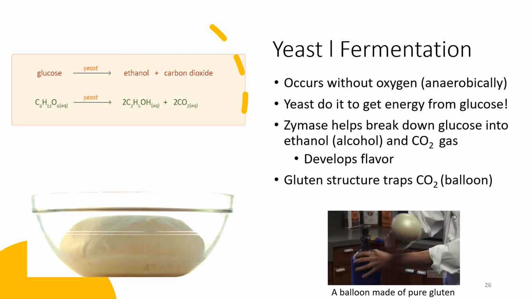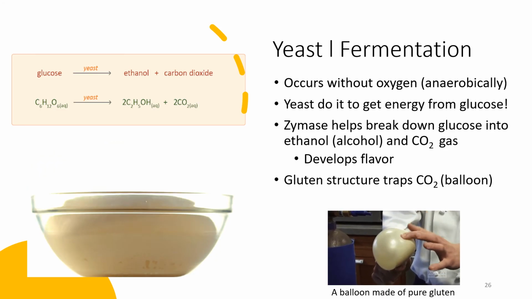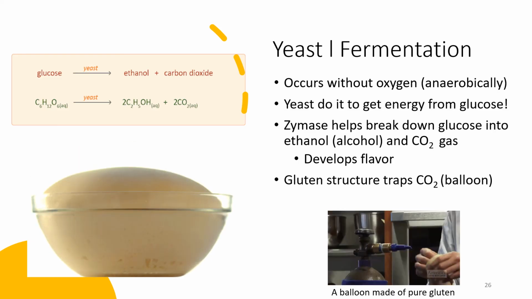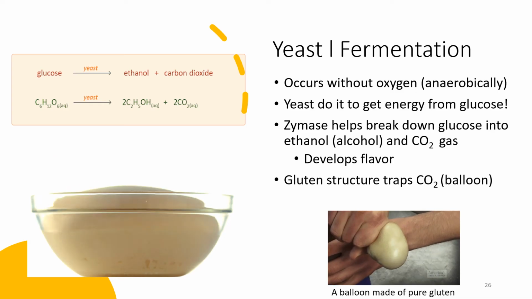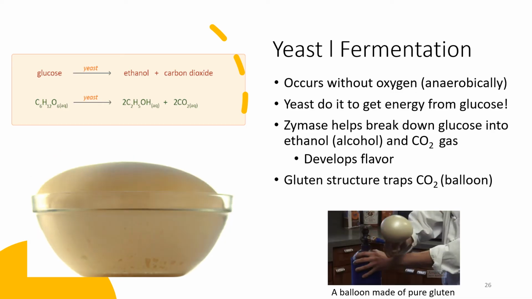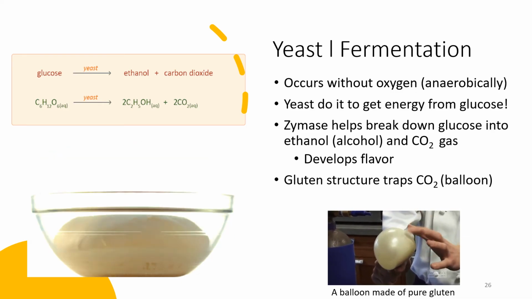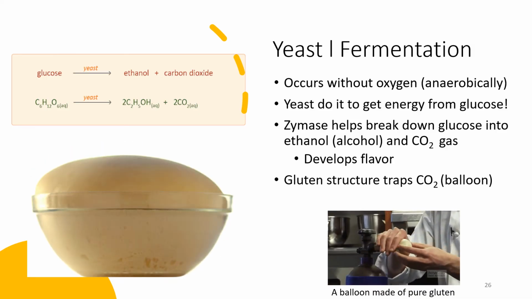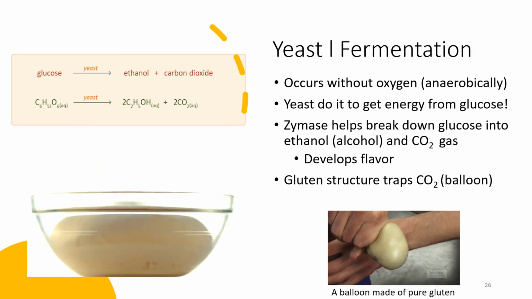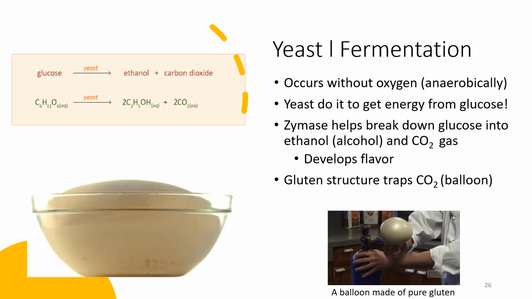You can think of the gluten and the gases in fermentation as a balloon of air that you're blowing up. You have the gluten, that's the actual latex balloon itself, and then you have the CO2 bubbles and gas bubbles created from fermentation that inflate that and stretch it out. That's how you can consider bread to grow, whether it's rising or baking.